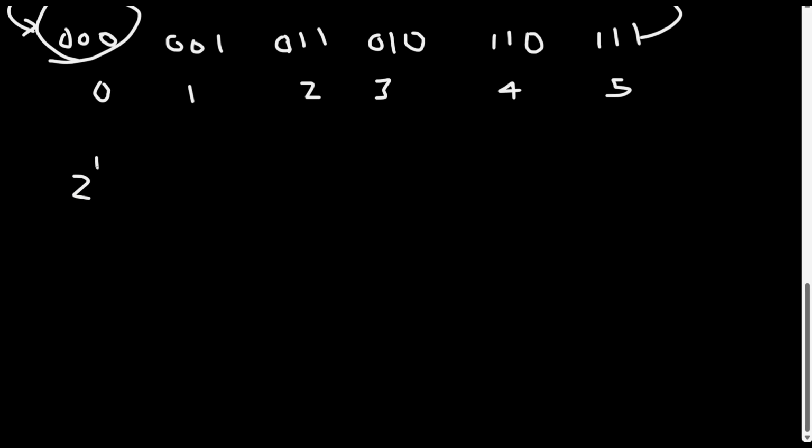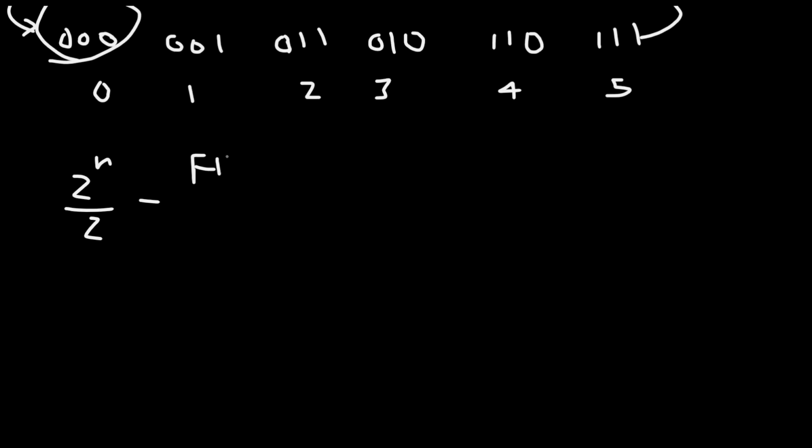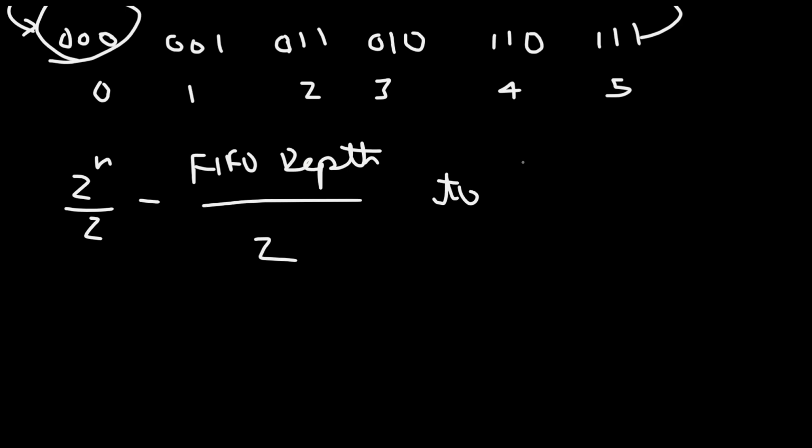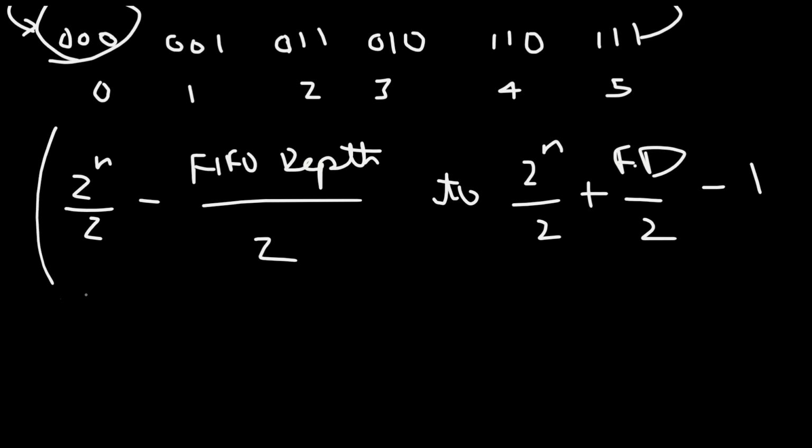The formula is 2 power n by 2 minus FIFO depth by 2 as the starting range, and 2 power n by 2 plus FIFO depth by 2 minus 1 as the end. So this will be the starting and ending of the write and read pointers instead of 0.